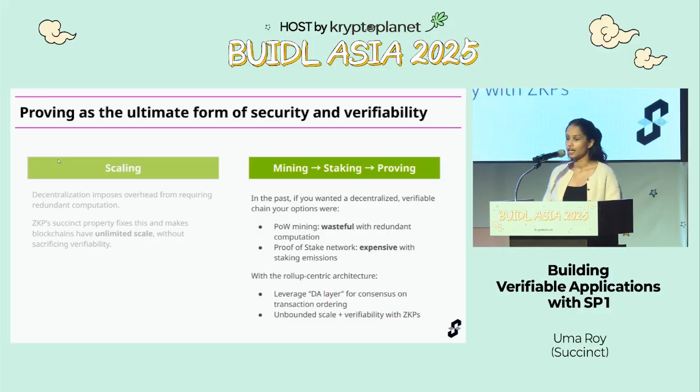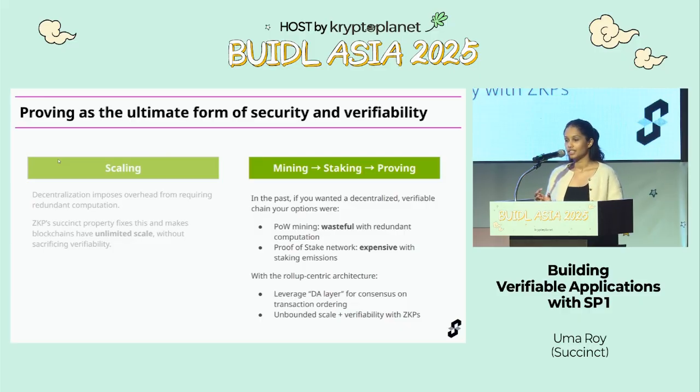Then we moved to proof of stake, where you have all these validators voting and coming to consensus. But that's actually pretty expensive if you have to pay your validators a lot of emissions to actually participate in the chain. And it's annoying to coordinate a bunch of entities who are validating the network and coordinate them on network upgrades and stuff. And now with the rollup-centric roadmap, the architecture is really nice.